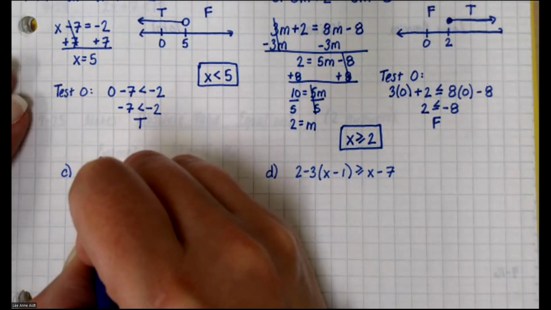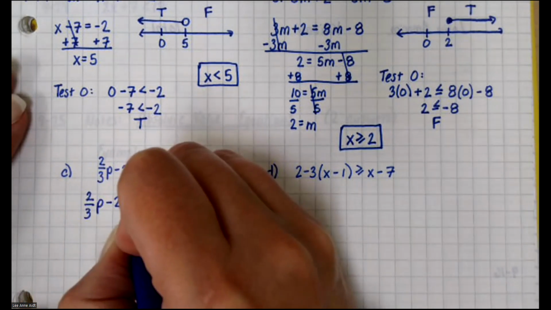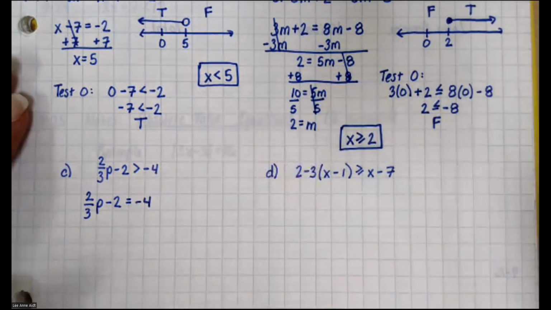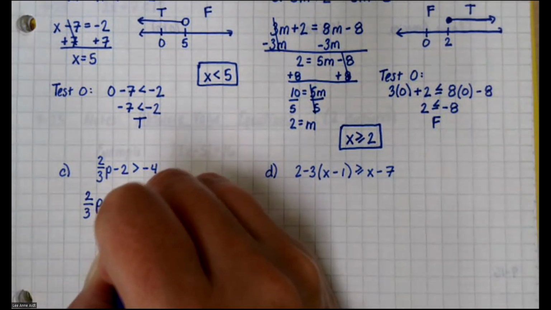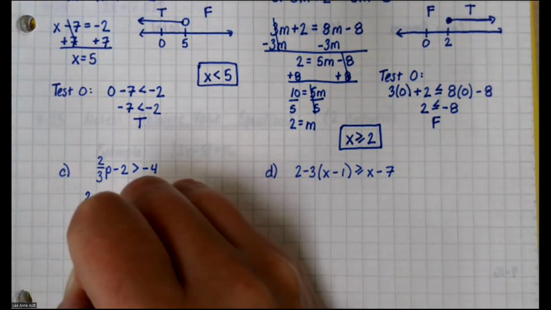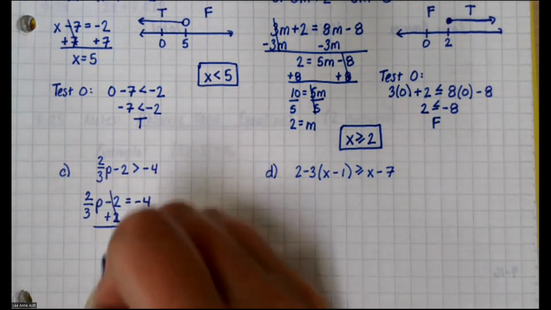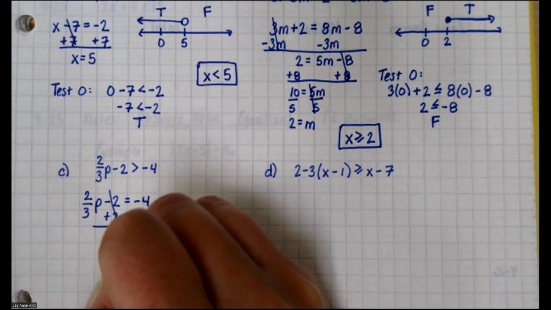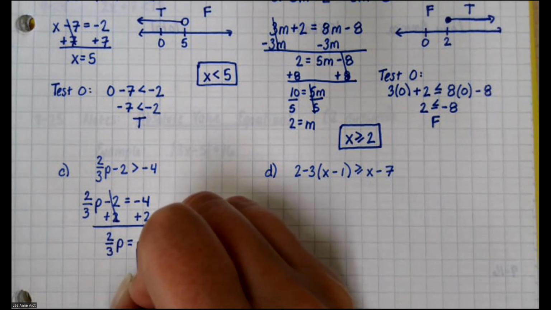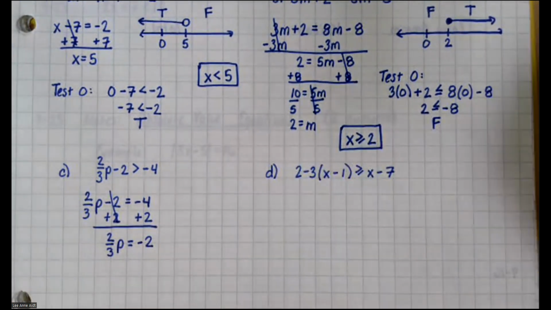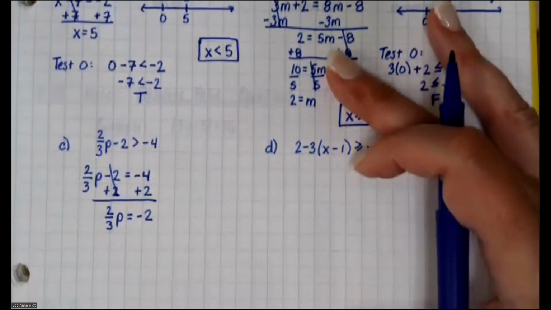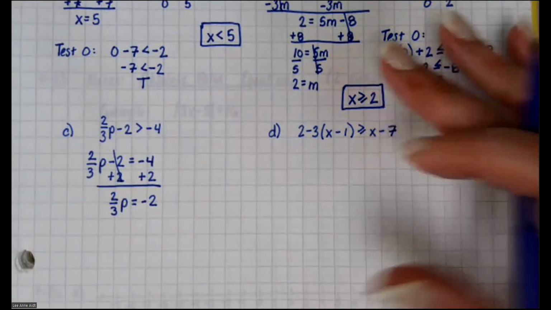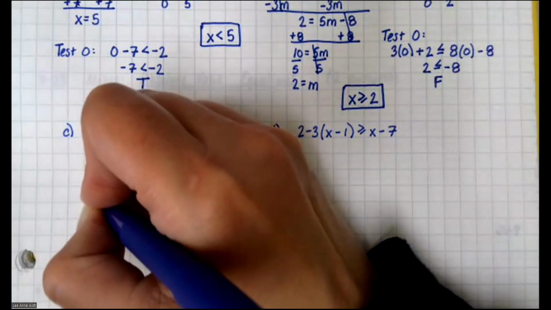So 2/3 p minus 2 equals -4. Okay, and this one's kind of a fraction buster, but I'm going to save the fraction busting till the end. I'm going to add 2 first. Okay, then I'm going to multiply both sides by 3.